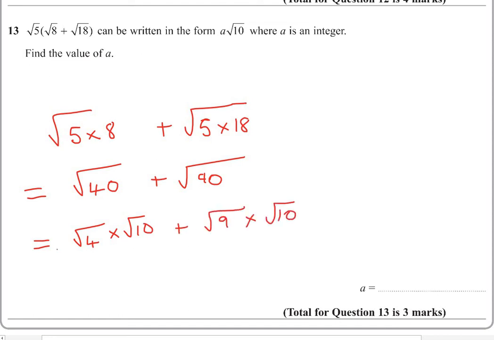Remember, when simplifying surds, you're always looking for a square number you can pull out. Square root of 4 is 2, so this becomes 2 root 10. Square root of 9 is 3, so this becomes 3 root 10. And so we have 5 root 10 in total. Don't forget, it says find the value of a, so our answer in this case is going to be 5.